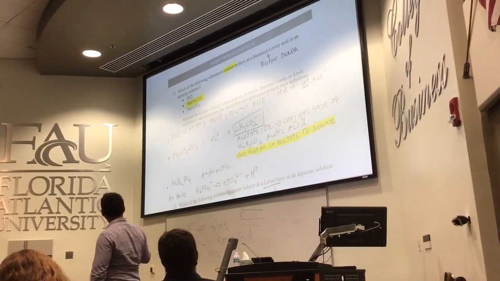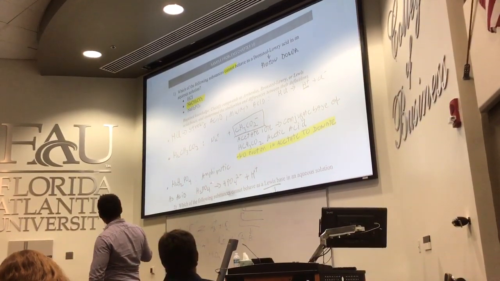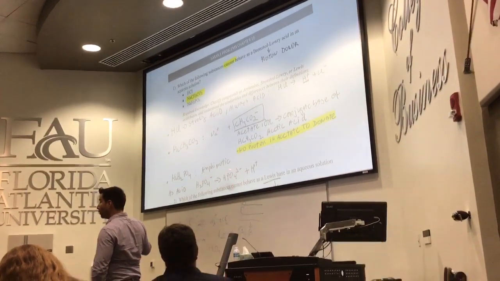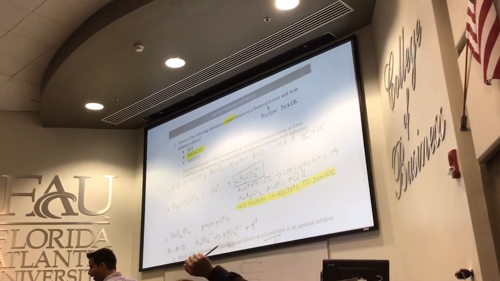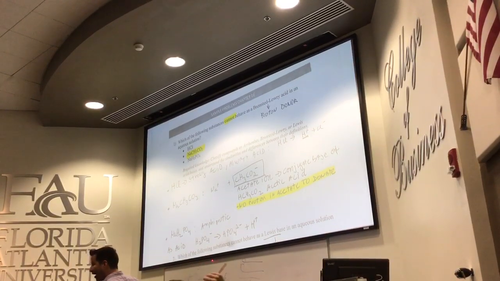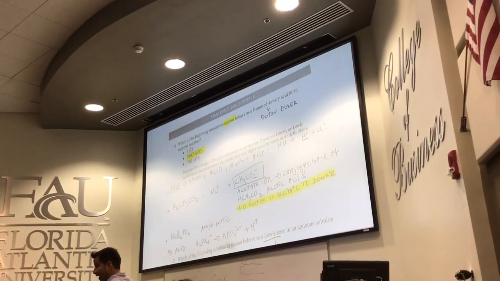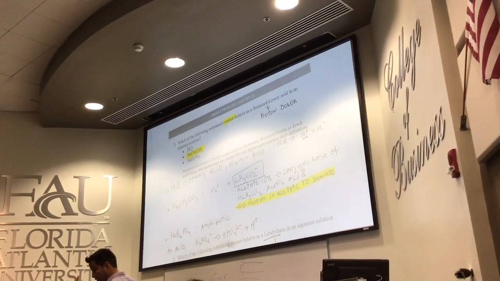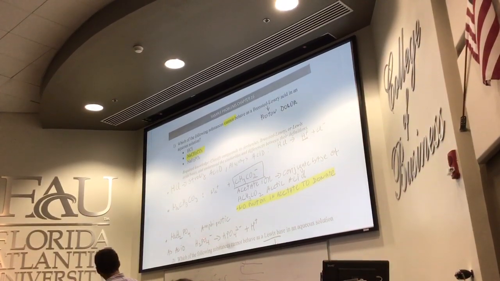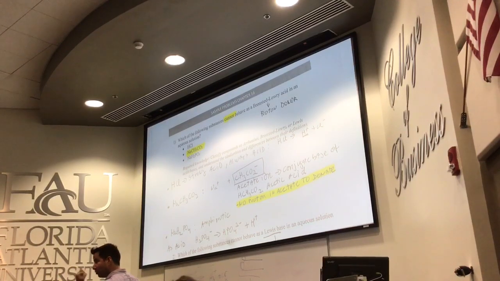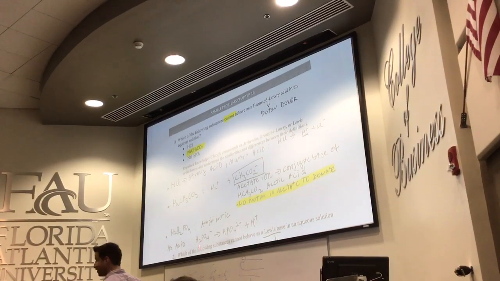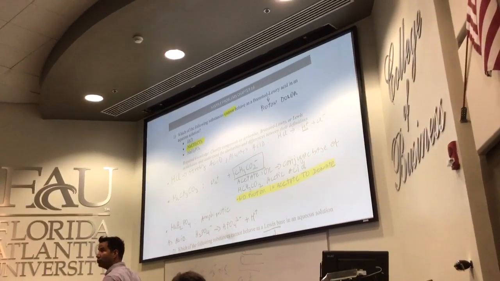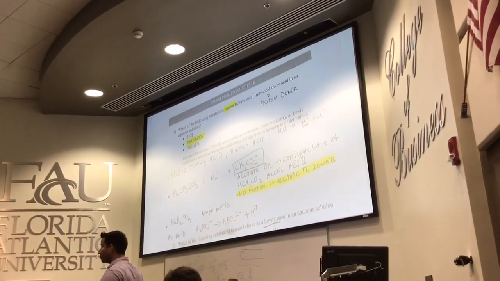How do you know it's amphiprotic? Because A, it has a negative charge, so it's able to accept a proton, and B, it has two hydrogens. I know phosphoric acid, H3PO4, is triprotic. It has three protons that can be lost. This one lost one, so it's able to gain one back to become phosphoric acid again. But since it still has two, it can lose either of these two, so it can behave as an acid as well. So this one is able to do both things.